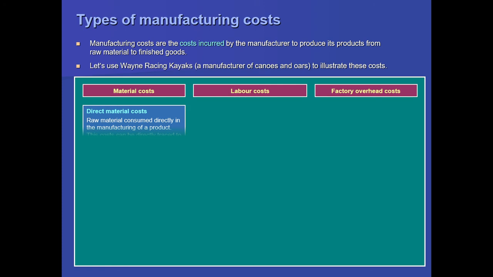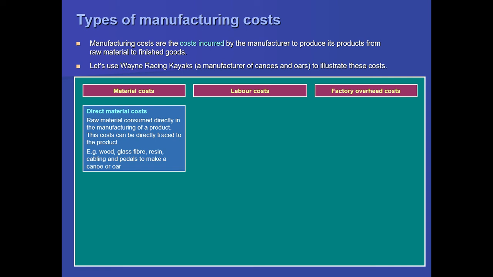Types of manufacturing cost. We've got this person that manufactures canoes and so on to illustrate these costs. Now, when you produce a canoe, the direct material that will be consumed directly in manufacturing the product will be wood, glass fiber, resin, cabling, pedals to make a canoe and all.